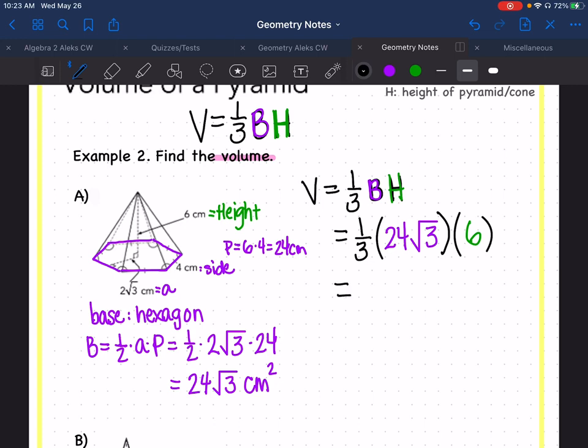That would mean all that you're putting in is the 1/3 times the 24 times the 6, which gives you 48. And you just put the square root of 3 after it. Centimeters cubed because we're talking volume, or you could just go ahead and put the whole thing in the calculator and it'll give you a decimal answer. It just depends on what Alex asks for.